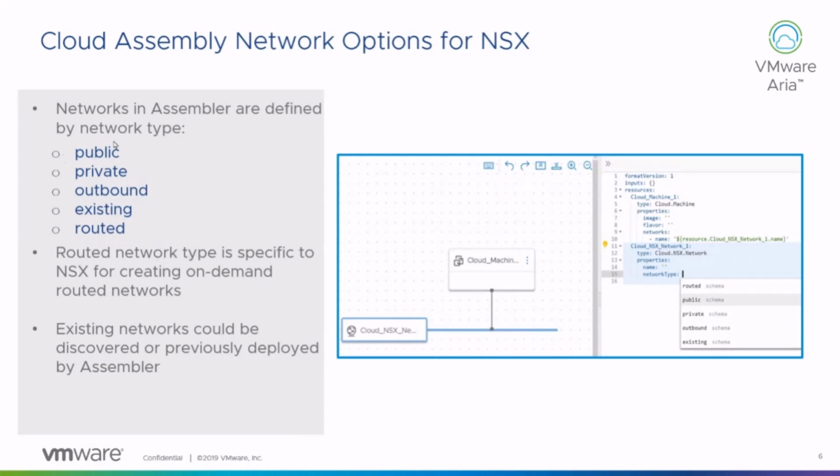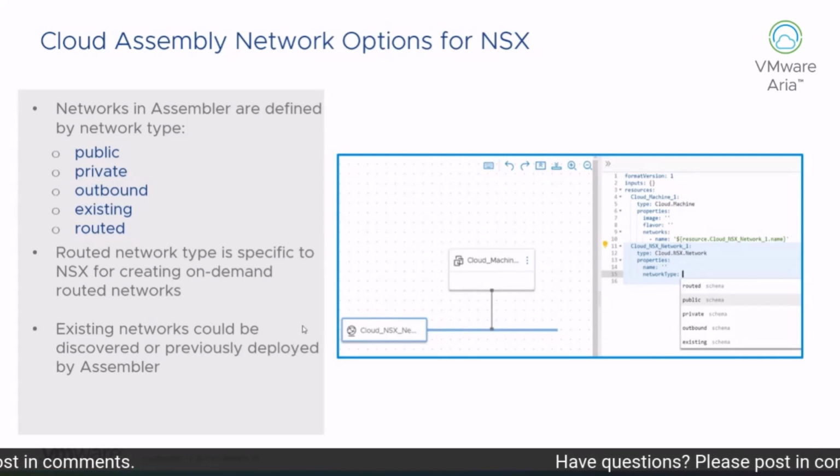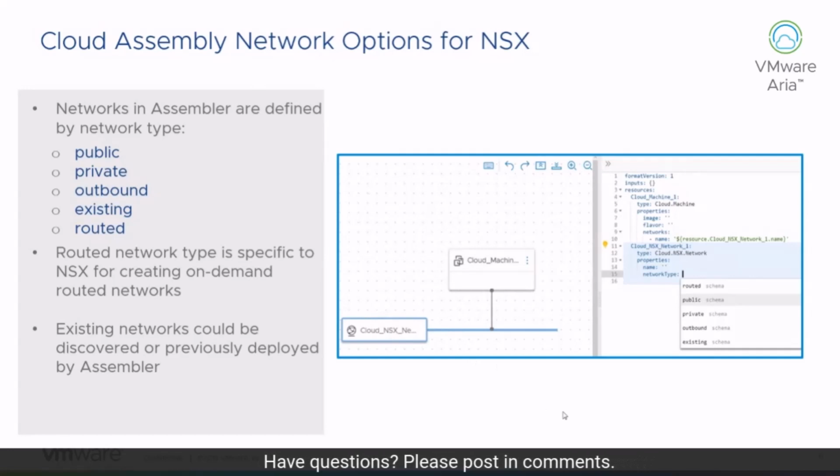And routed, which is my favorite here, which is the ability to route traffic and create T1s, which is the edge gateway connected to tier 0 within your NSX-T infrastructure. And then existing networks could also be used: you can use the discovered networks, or networks you previously deployed via the provider infrastructure as code that we mentioned in the previous slide.